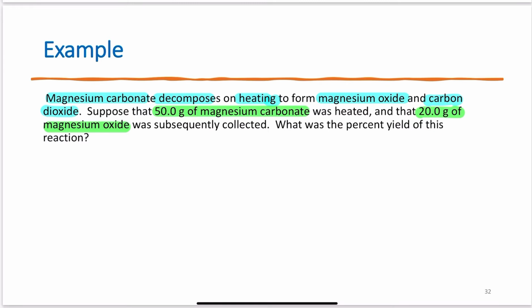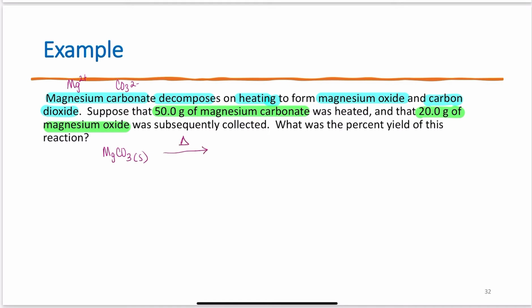Well, let's first figure out our balanced reaction. Magnesium carbonate. Magnesium is Mg2+, carbonate is CO3 2-, which means magnesium carbonate is MgCO3.